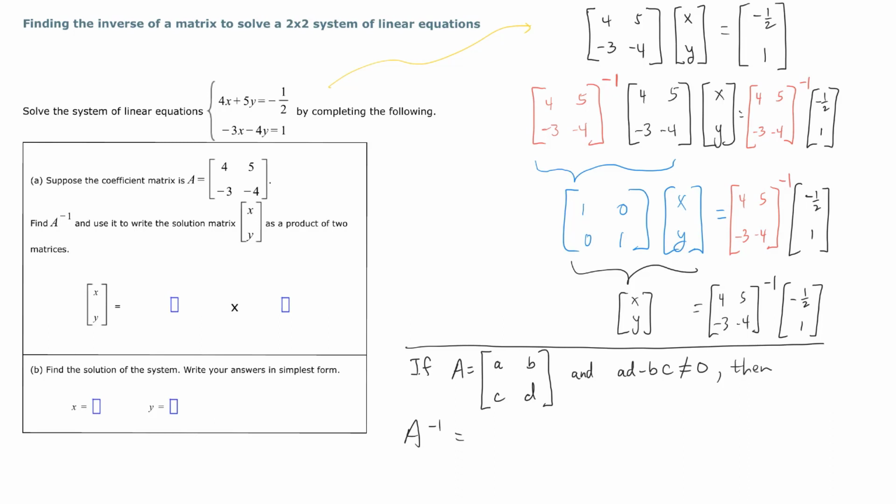It is 1 over AD minus BC times the matrix. Switch the A and the D and negate the B and the C. And that is now the inverse of A. That is a really, really cool formula that comes from a subject called linear algebra.